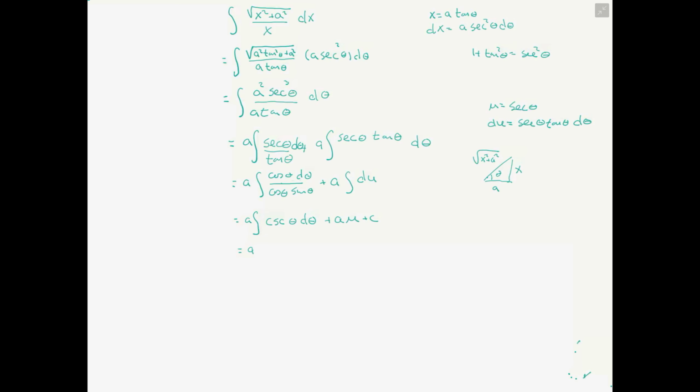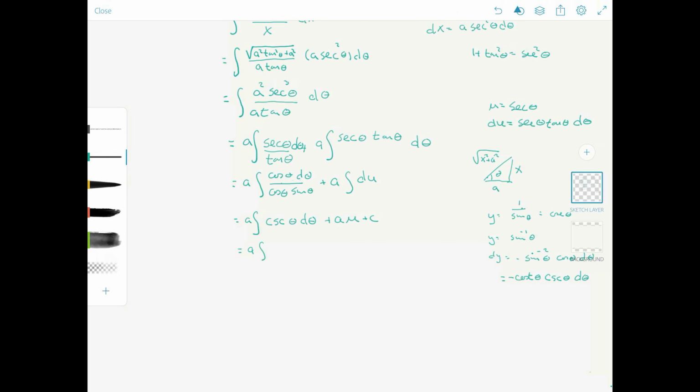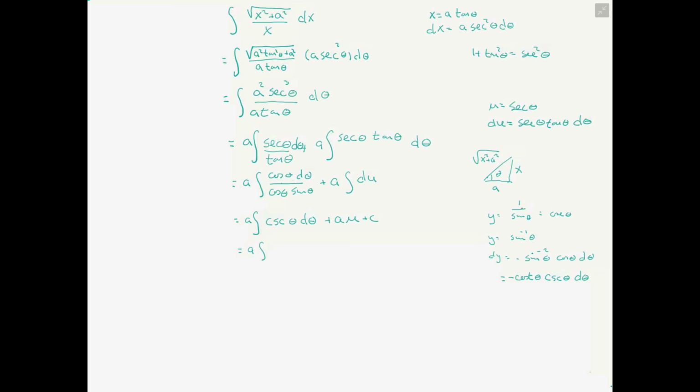Okay, so we write out on our second line the cosecant theta times cosecant theta plus cotangent theta. It's a similar approach as we use with the secant theta.